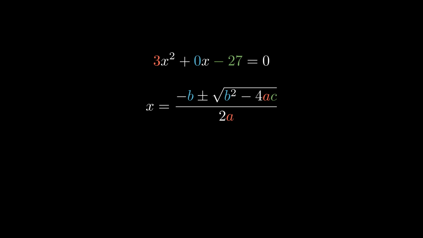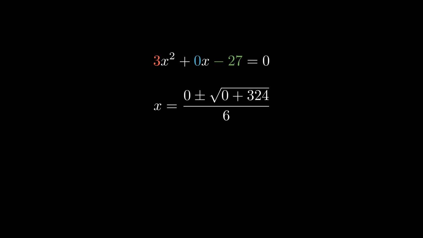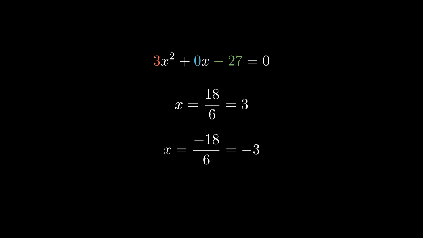So in place of a, we substitute 3, in place of b, 0, and in place of c, negative 27. Again, we simplify the expression, take the square root, and at the end account for the two different solution cases produced by the plus-minus sign. And so we arrive at the solution. X equals positive 3, x equals negative 3.